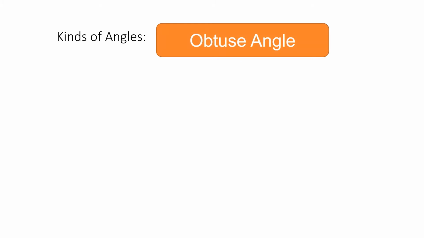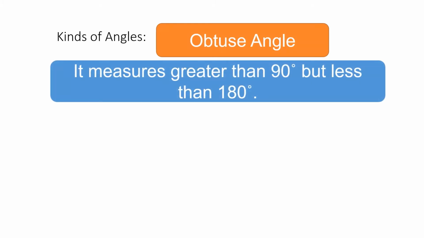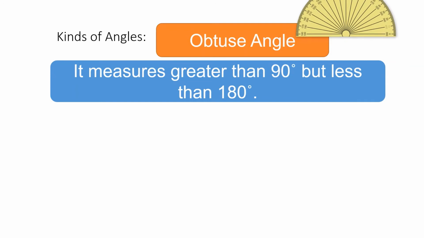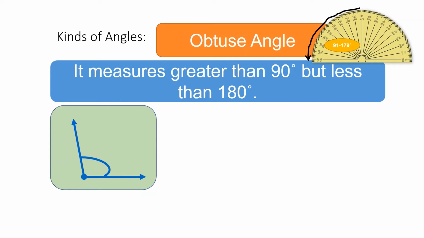The last kind of angle that we will discuss is the obtuse angle. Obtuse angle measures greater than 90 degrees but less than 180 degrees. Meaning, an obtuse angle can have a measurement of 91 degrees to 179 degrees. Here is an example of an obtuse angle.